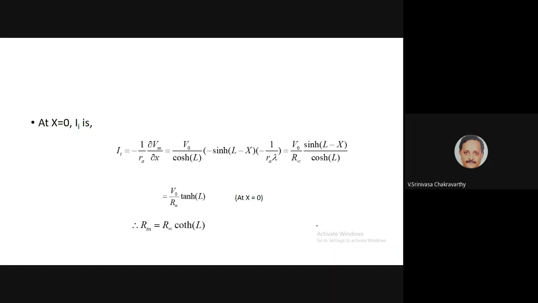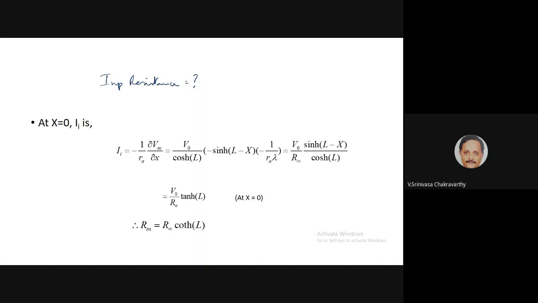So now we need to find the input resistance. How do you do that again? Basically you need to find the input current, and then V naught by Ii at the input gives you the input resistance. Again, we know that Ii is equal to minus 1 by ra times ∂Vm/∂X.